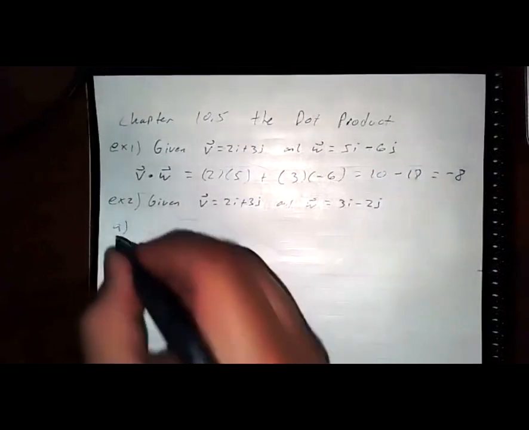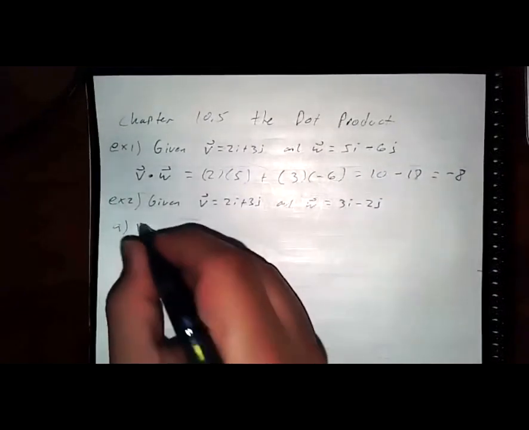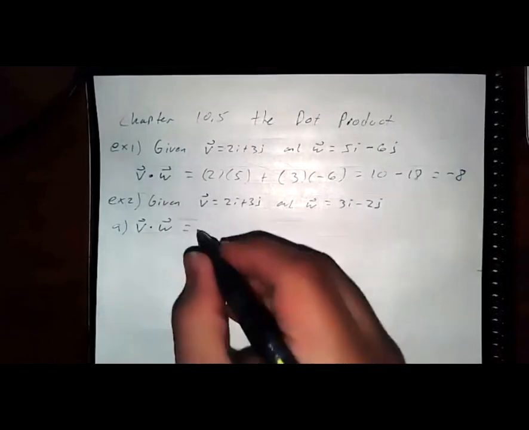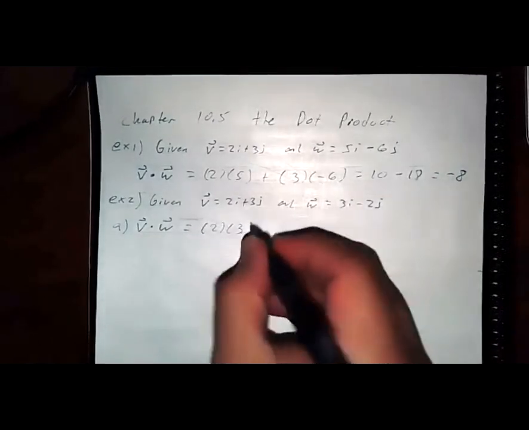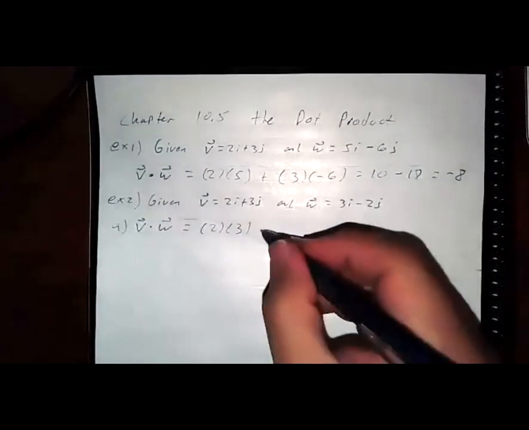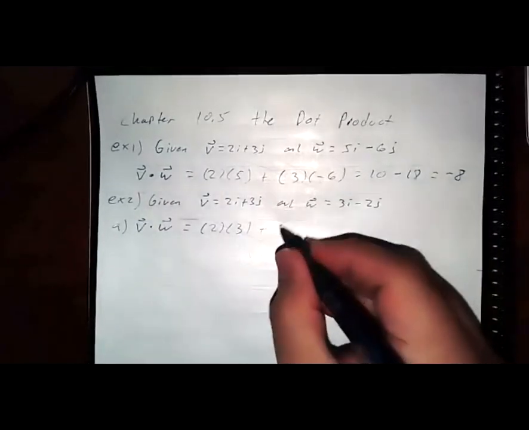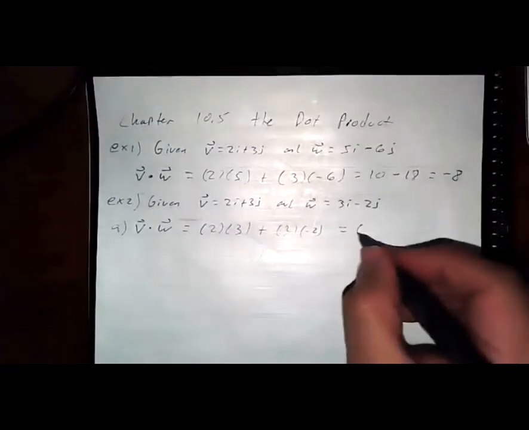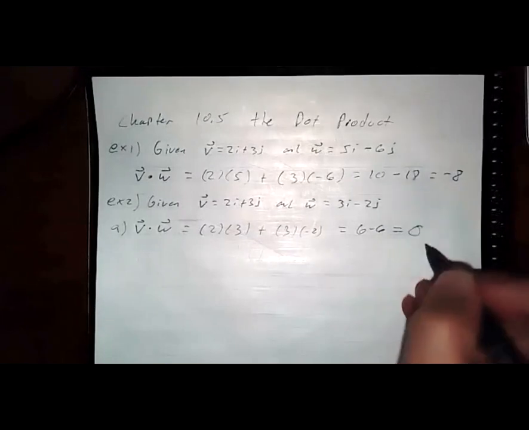So v dot w is going to give me 2 times 3 for the i's, plus the j's, 3 times negative 2. So that'll be 6 minus 6, which is 0.